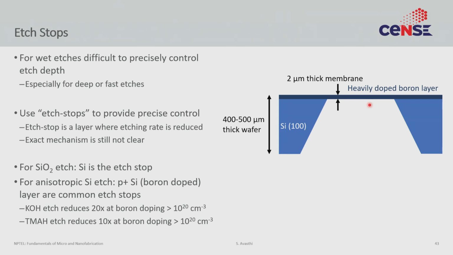So one day it is 6 micron an hour, and another day it is 6.6 micron an hour. For the same time, your etching will be 10% faster. So it's very easy to overshoot and completely etch a hole and not end at a membrane.